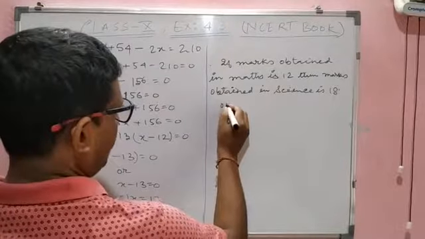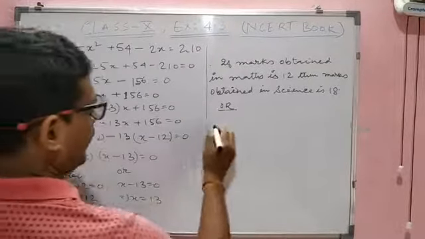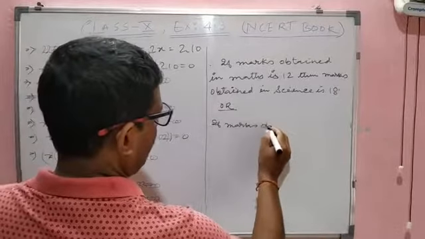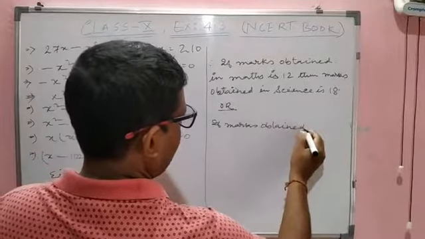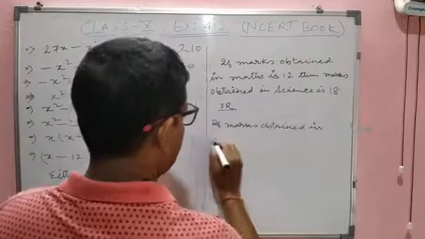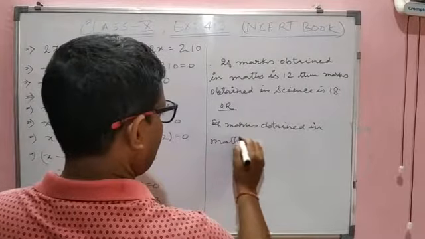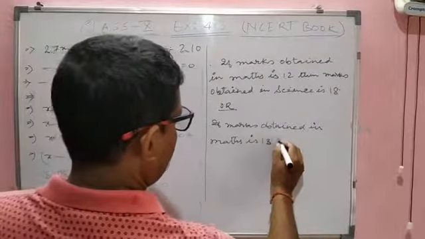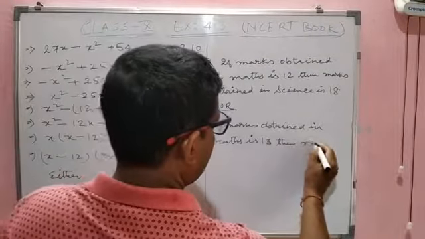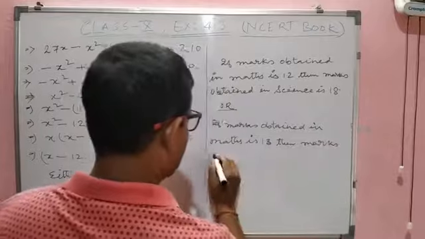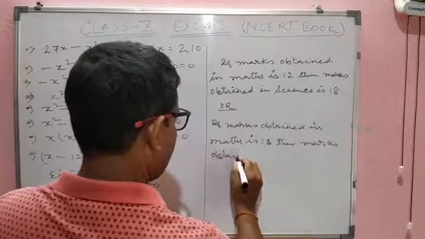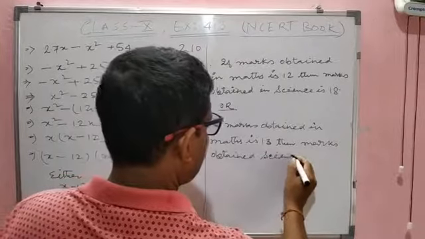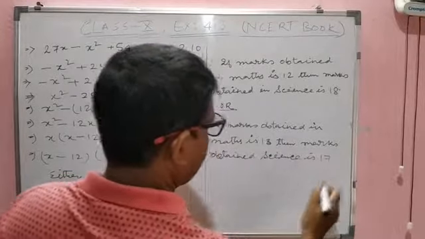Or we can say that if marks obtained in maths is 13, then marks obtained in science is 17.